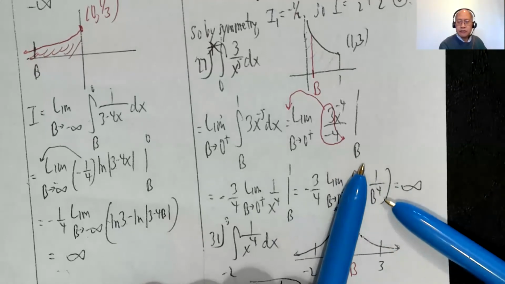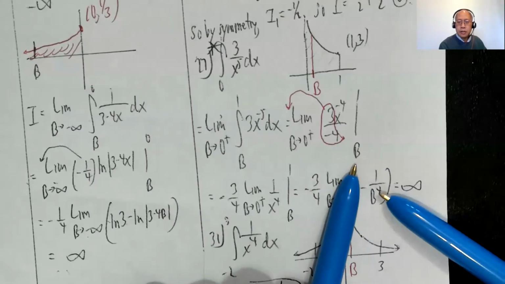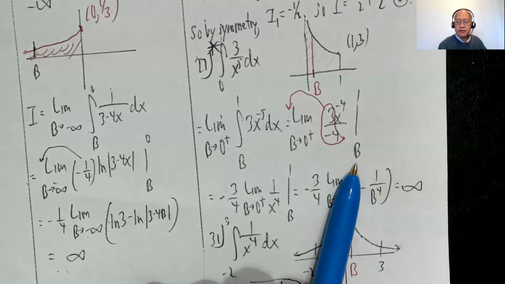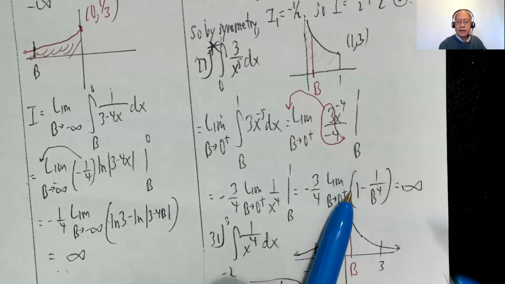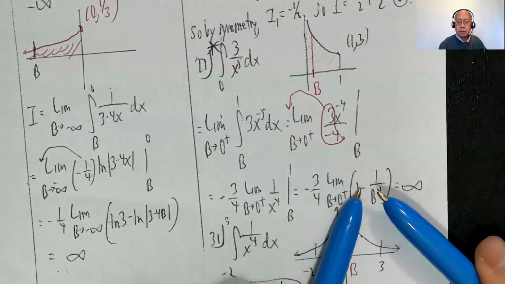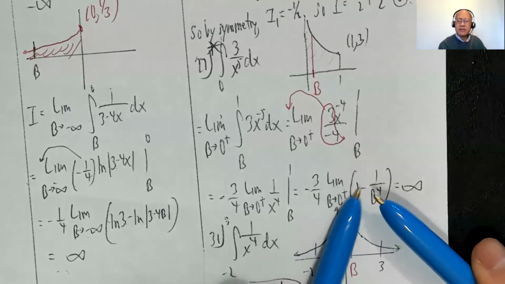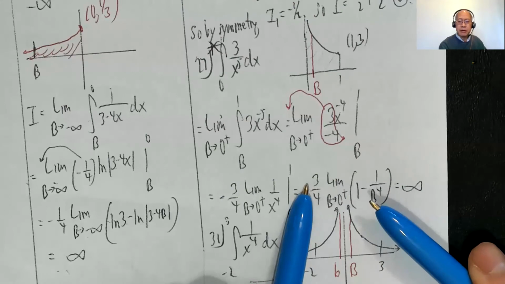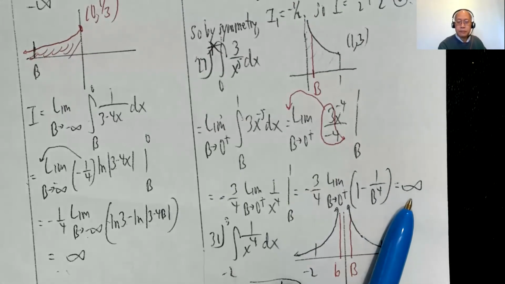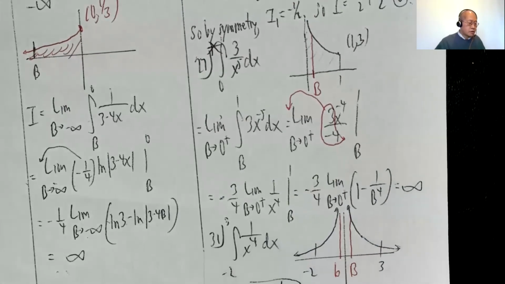This is a big positive. This is now a big negative. A big negative plus 1, still a big negative. Big negative times negative 3/4, big positive. So the answer is infinity. So once again, here's an example of an integral which diverges. You don't get a real number.